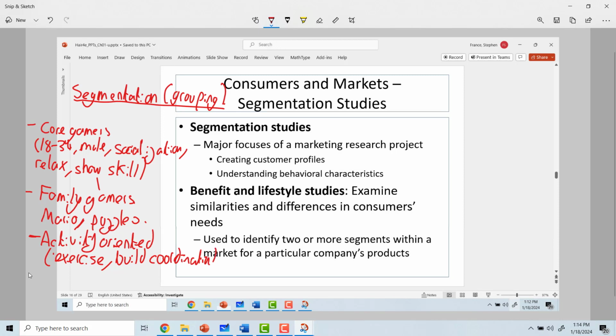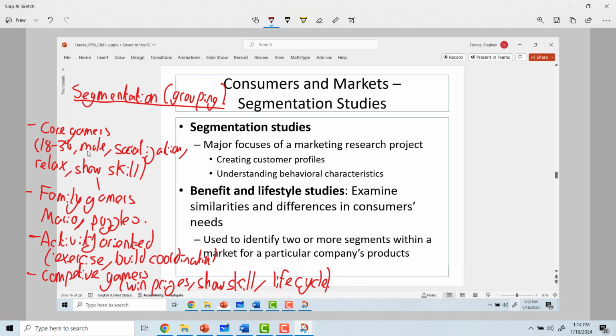And then finally, probably overlapping with the core gamers, we'd have competitive gamers, people who do it for a living. And again, there'll be show skill, but we have things like win prizes, show skill. And this is people we know. It's more of a lifestyle. They're gamers.